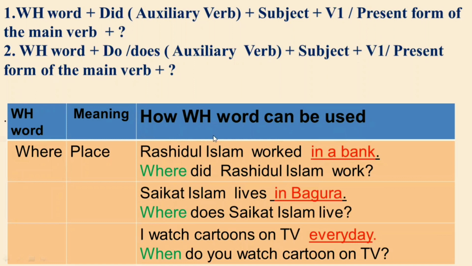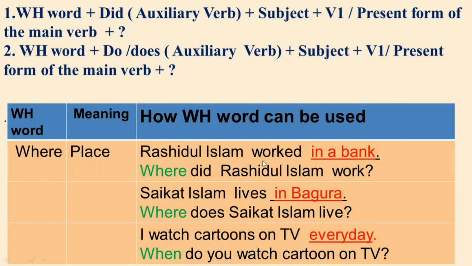Then you have to find out whether there is any auxiliary verb in the sentence or not. Can you see? No auxiliary verb. So you have to take do, did or does as an auxiliary verb.